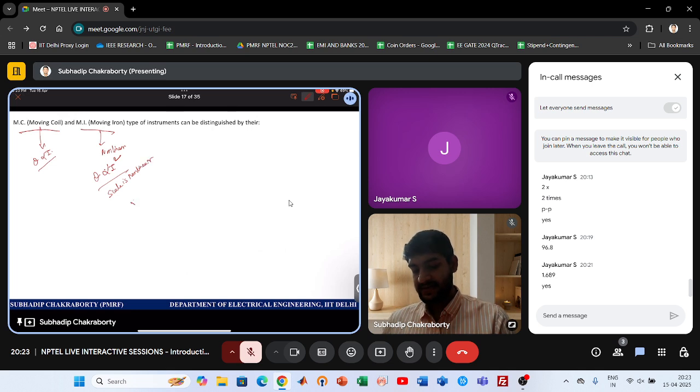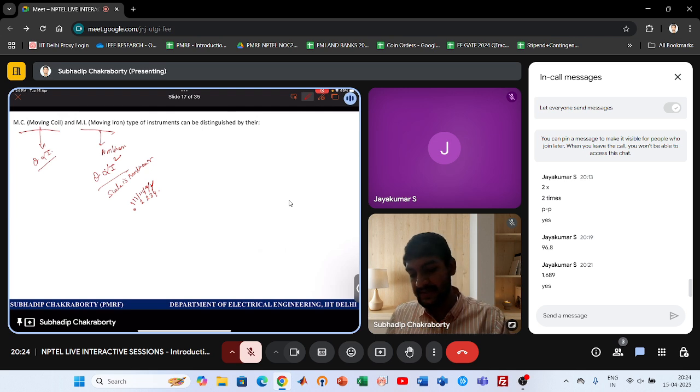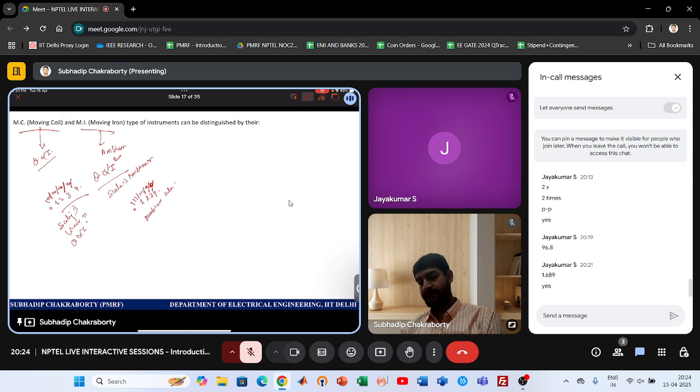At the higher side you will see, first 0, 1, and then it will keep on getting compressed, smaller and smaller, because with higher numbers the square increases more rapidly. So the scaling becomes compressed. So this is a non-linear scale, and this is a linear scale, with equispaced distances. So scaling is linear as theta is proportional to I for PMMC.